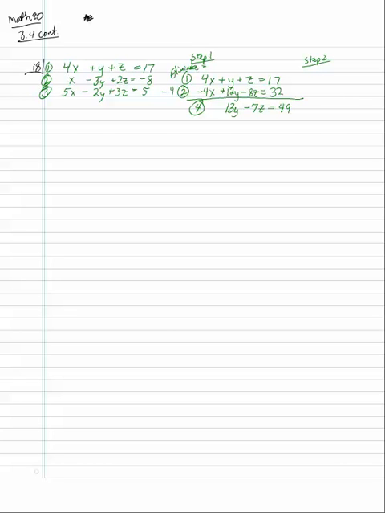Let's take equation 2 and 3. So I'm going to take equation 3: 5x minus 2y plus 3z equals 5.